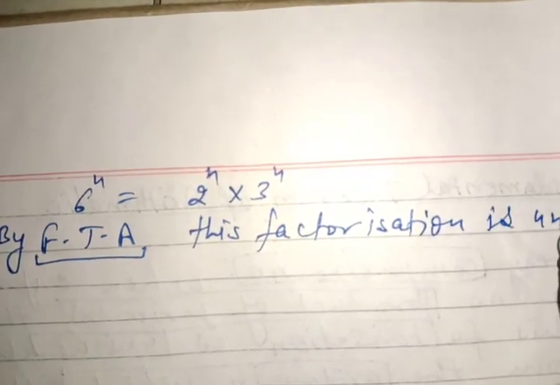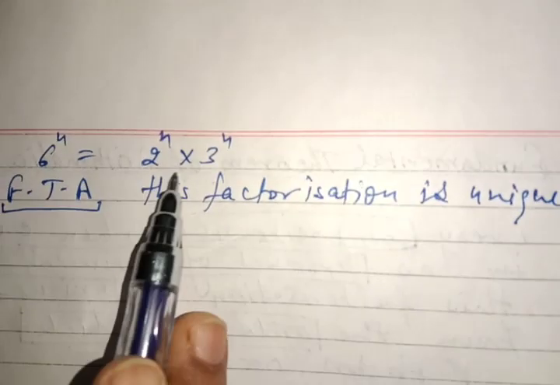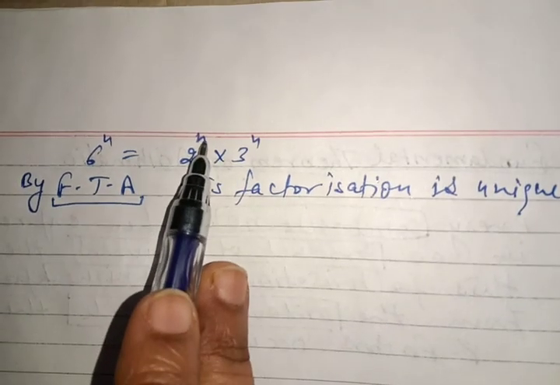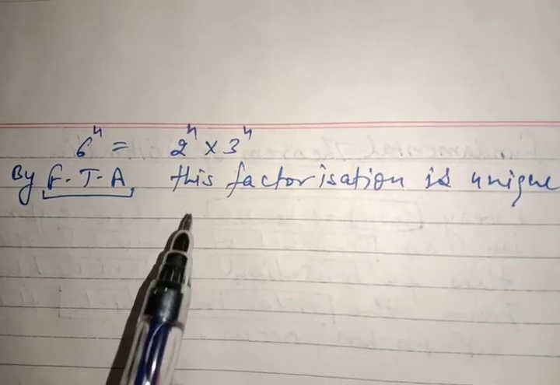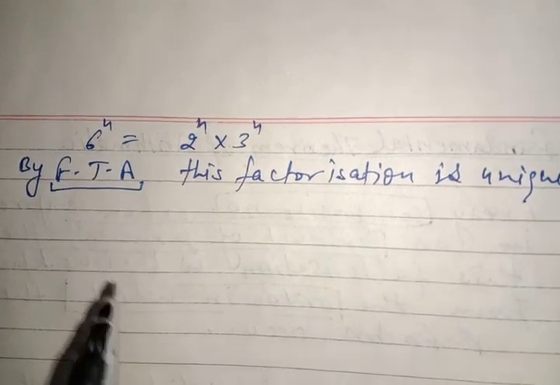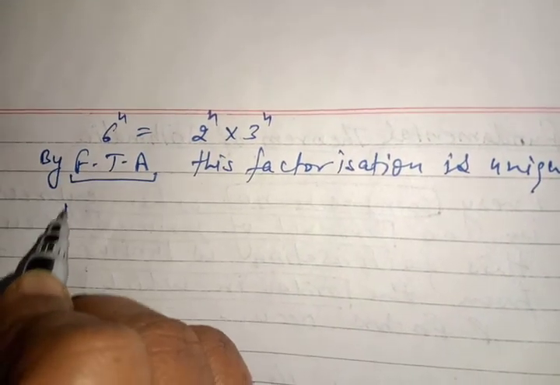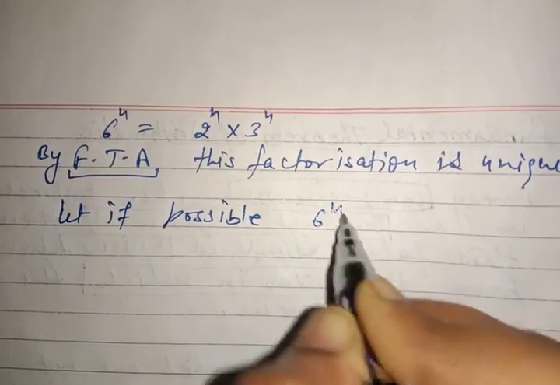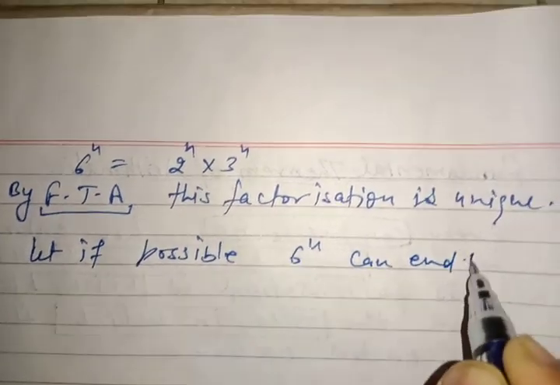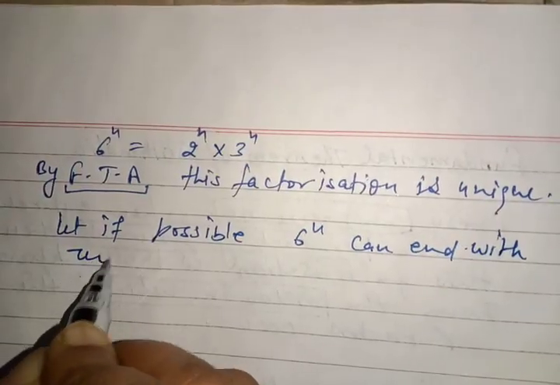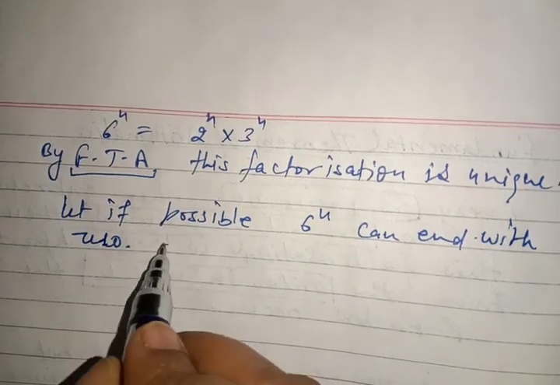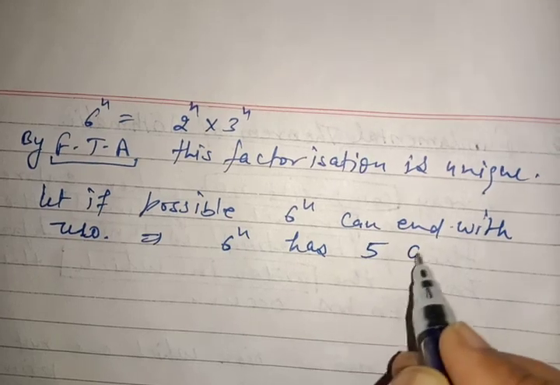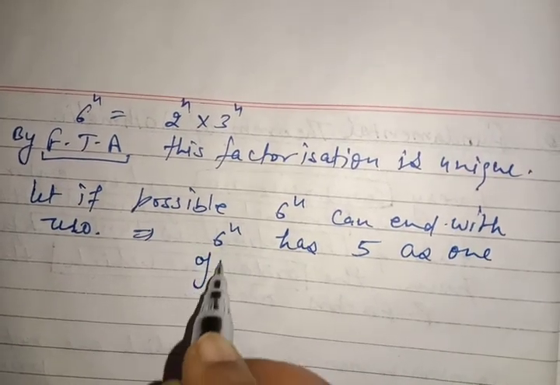I told you just now that whosoever is the student, if he or she does the prime factors of 6, always he or she will get 2 raised to power something or 3 raised to power something. So this factorization is unique by fundamental theorem of arithmetic. But if we suppose, let, if possible, 6n can end with 0. We have supposed that it ends with 0, then this implies 6n has 5 as one of its prime factor.